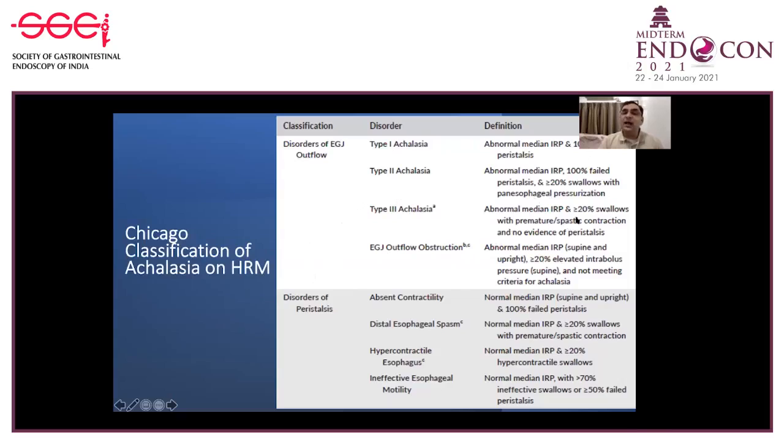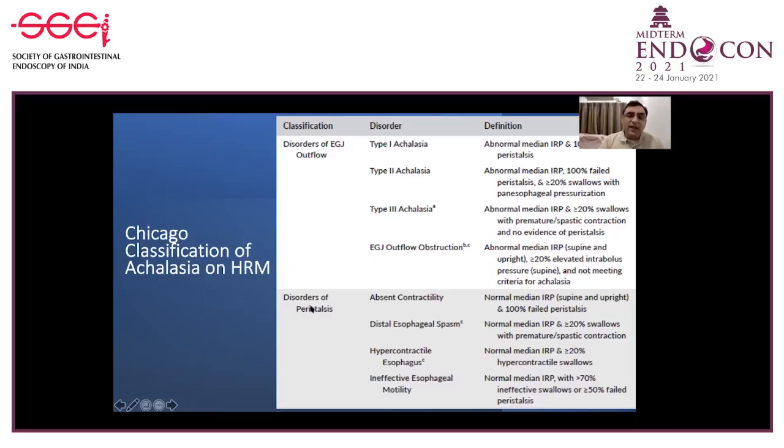Type 3 again has abnormal median IRP, with more than 20% premature or spastic contractions and no peristalsis. EGJ outflow obstruction has abnormal IRP, supine or upright, more than 20% elevated intrabolus pressure supine, and does not meet the criteria for achalasia.